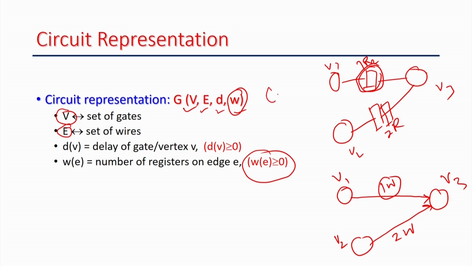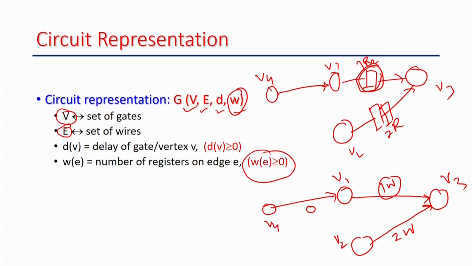Suppose I have another gate here, say V4, to this there is no register, so the weight will become 0. The weight is nothing but the number of registers present between these two gates.